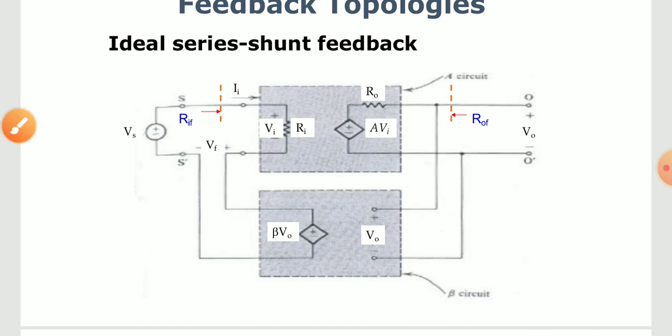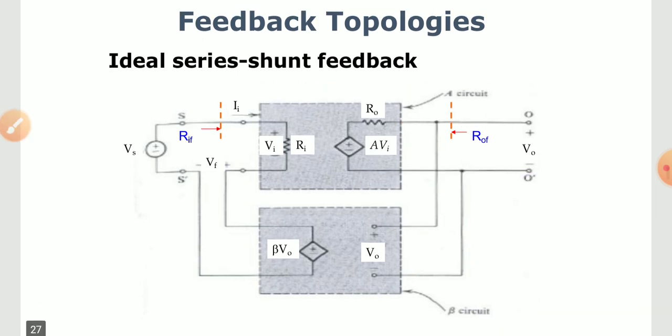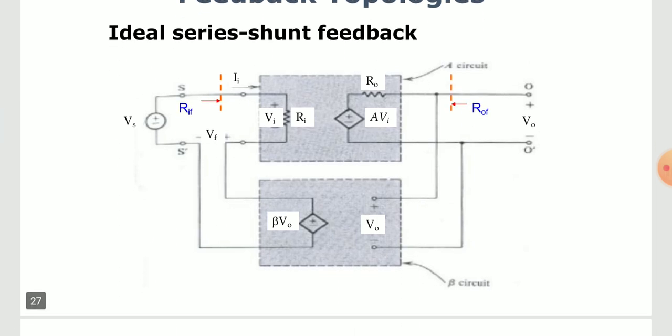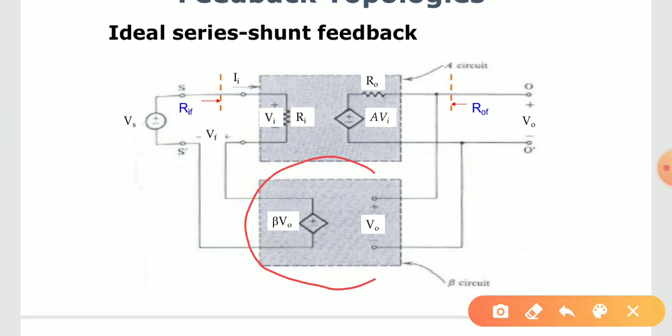And the equivalent circuit looks like this one. Here you just consider an internal resistance, that is the R of I, and the induced voltage is applied due to the voltage V0, and the induced voltage will be beta into V0. Why? Because for this block, the feedback block, this side indicates the input side and this side indicates the output side.